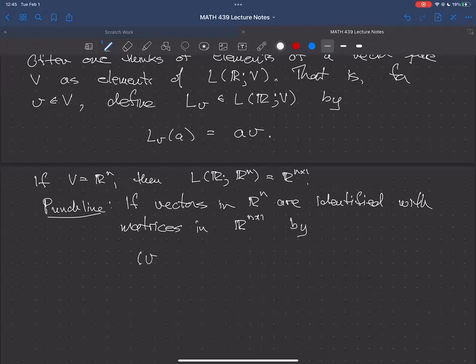All right, so if you take a vector v in Rn, we're going to assign to that the natural column vector.